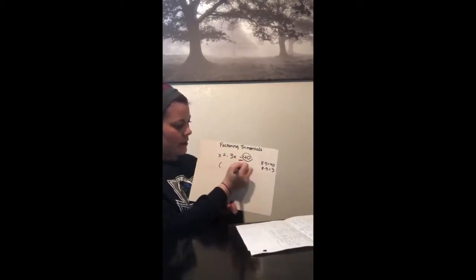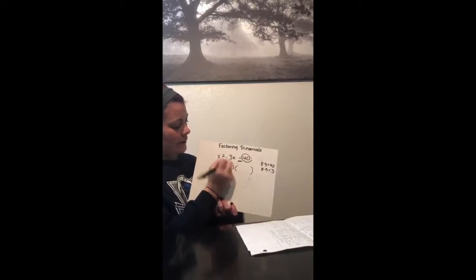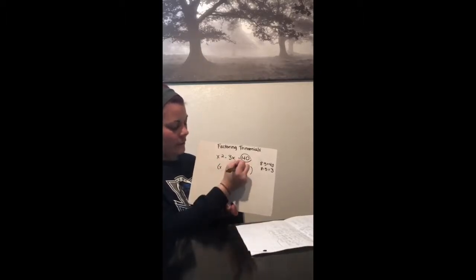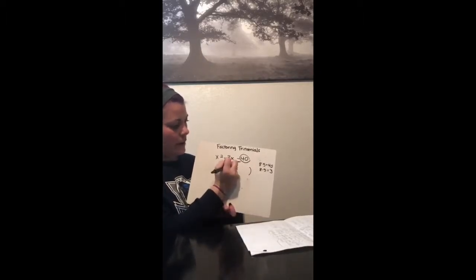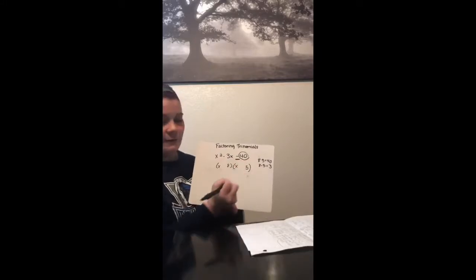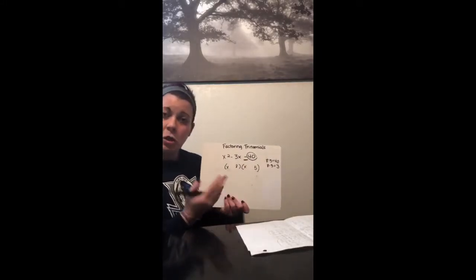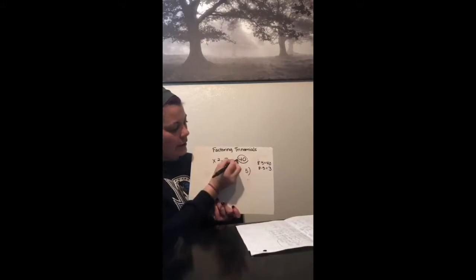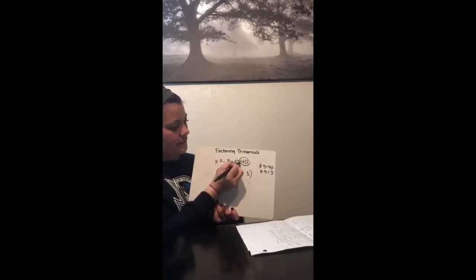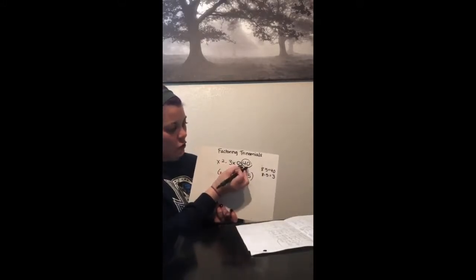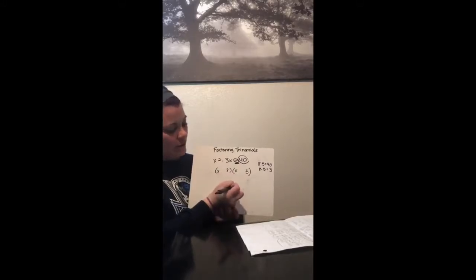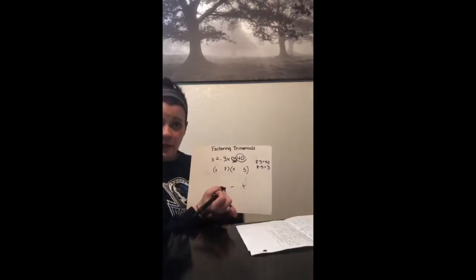So again, we have our binomials, and the square root of x squared is x, x. We know that 1 is going to be 8 and 1 is going to be 5. Now we just need to know the operations. If the back term has a subtraction in it, we know 1 has to be subtraction, 1 has to be positive.